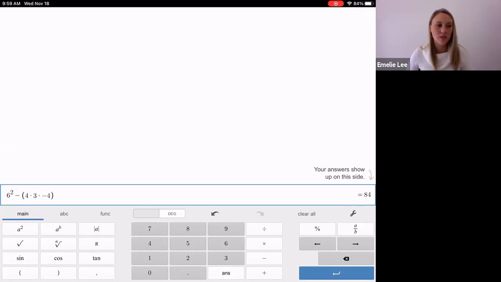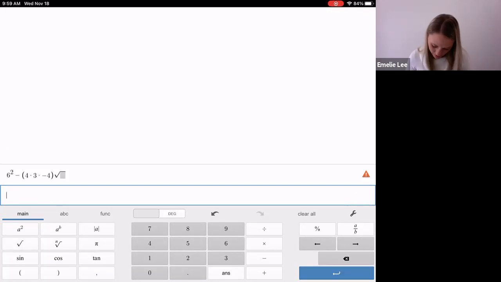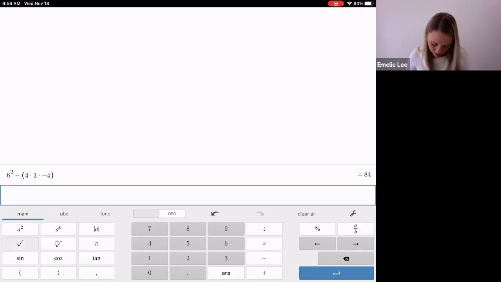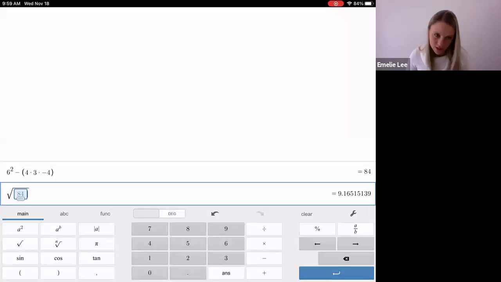Okay, so far so good. Now I want to take the square root of that answer. I always like to use the answer button if I can, the ANS button right next to the plus sign, which puts in the previous answer.